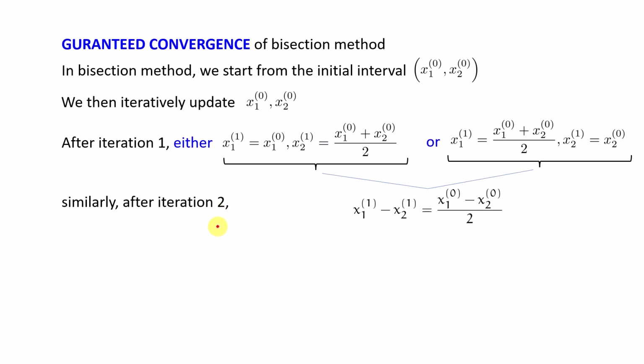Similarly, after iteration 2, the difference between x1 and x2 in the second iteration equals the difference between x1 and x2 in the first iteration divided by 2. Now we know that x1 minus x2 in the first iteration equals x1 minus x2 in the 0th iteration divided by 2.